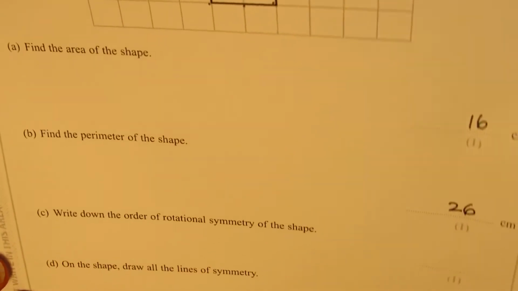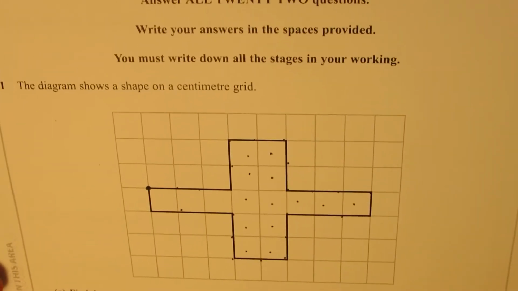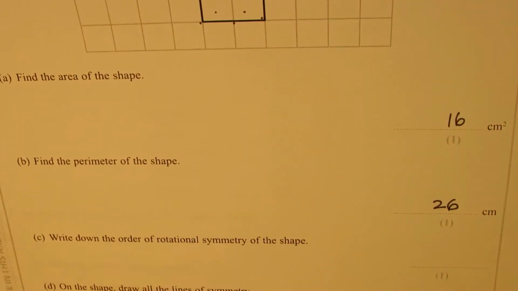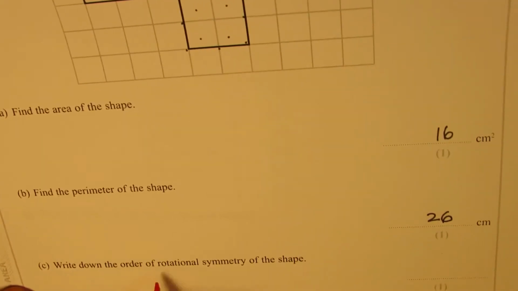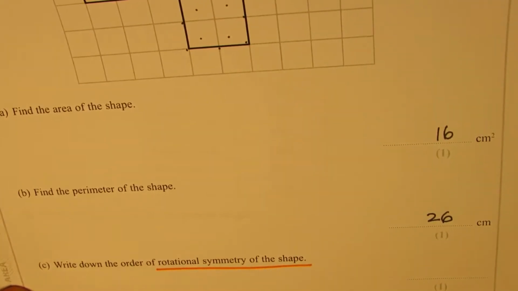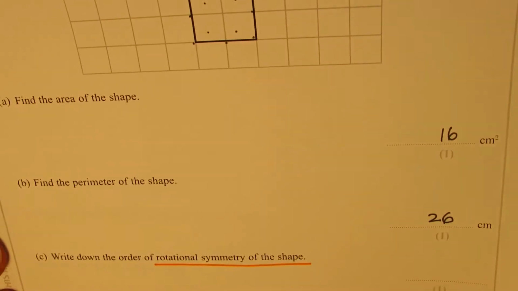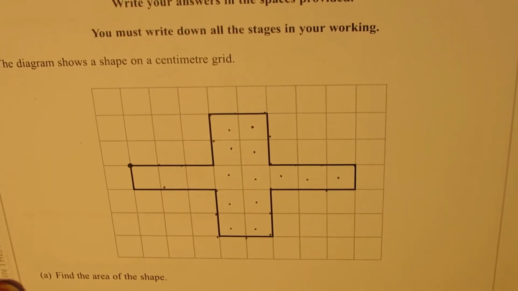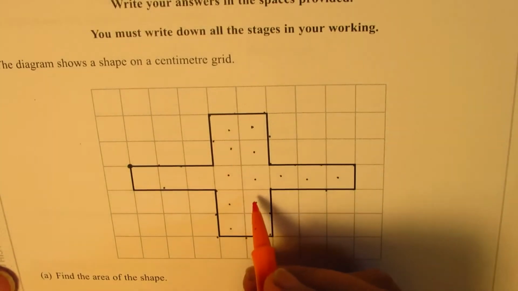Next one is write down the order of symmetry. When we talk about order of rotational symmetry, it's important to understand it. Rotational symmetry really means that within 0 to 360 degrees, that means one full rotation, how many positions are there when you get exactly the same shape.